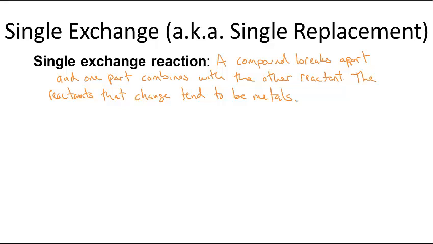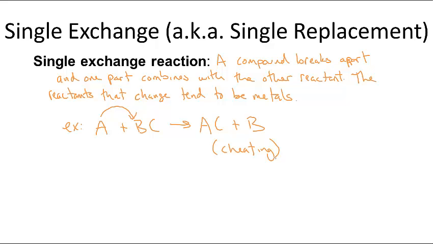Okay, so an example here is we have A by itself and BC together as a compound. So what happens in a single replacement is that A kicks the B out and A takes B's place. Think of this as like cheating, right?